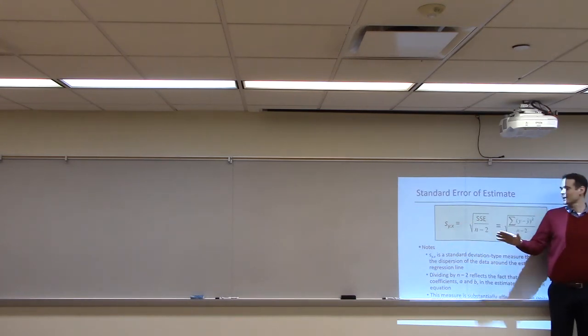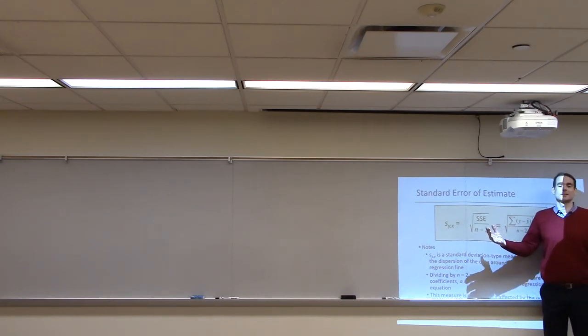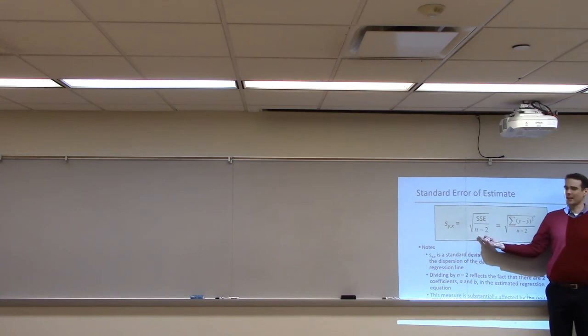This is the same logic as when we started using the t-distribution, and we said, well, we're calculating our own sample standard deviation, so we're going to divide by n minus 1, and so the standard error is going to be bigger. Same thing here. We have more unknown variables: the intercept and the slope.